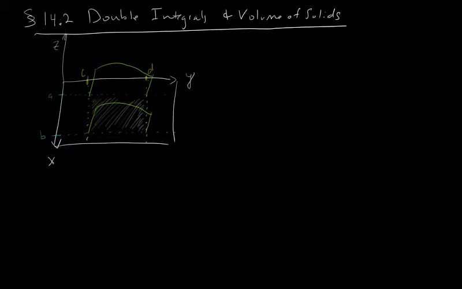So we've got the surface of our solid here in green. It kind of takes on this shape. And then we've got the volume underneath that surface, between this surface and the xy plane. So that's what we're interested in finding.